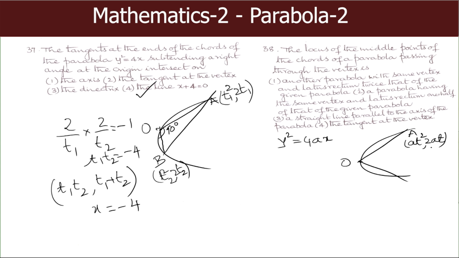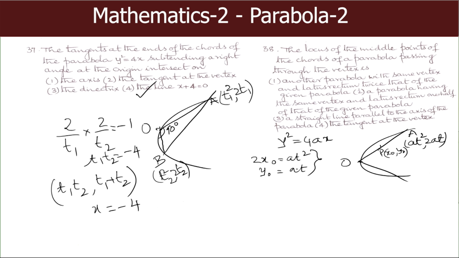Then it is asking the locus of the middle points of the chord. Suppose the middle point P is (x0, y0). Then 2x0 equal to at square, and 2y0 equal to 2at, or y0 equal to at. So, P (x0, y0) is the midpoint of one of the chords passing through the origin, having its other extremity at A, given by 2x0 equal to at square and y0 equal to at.